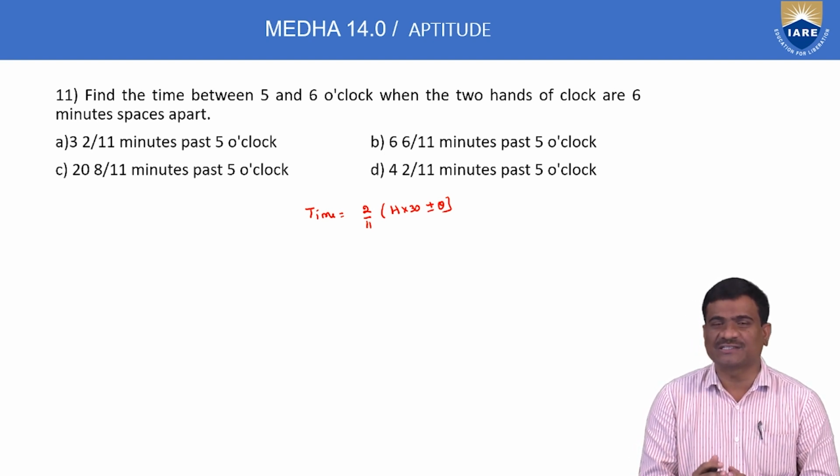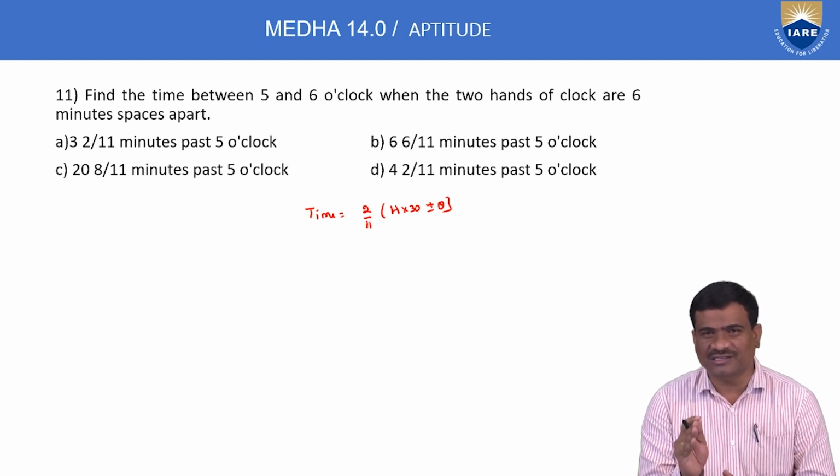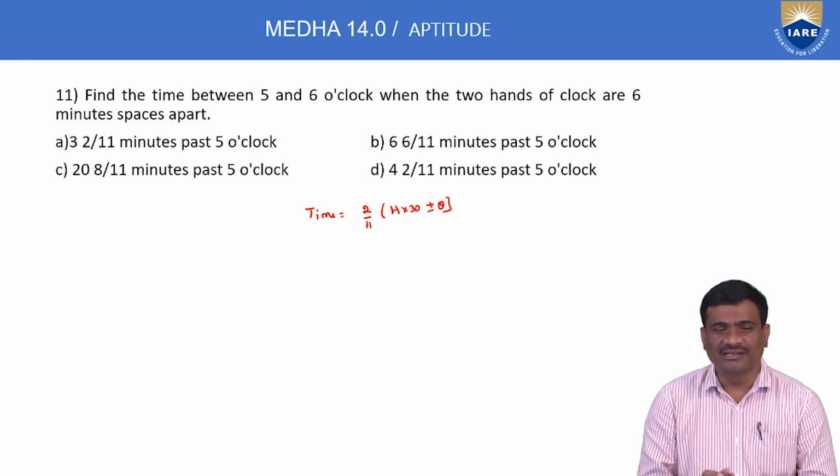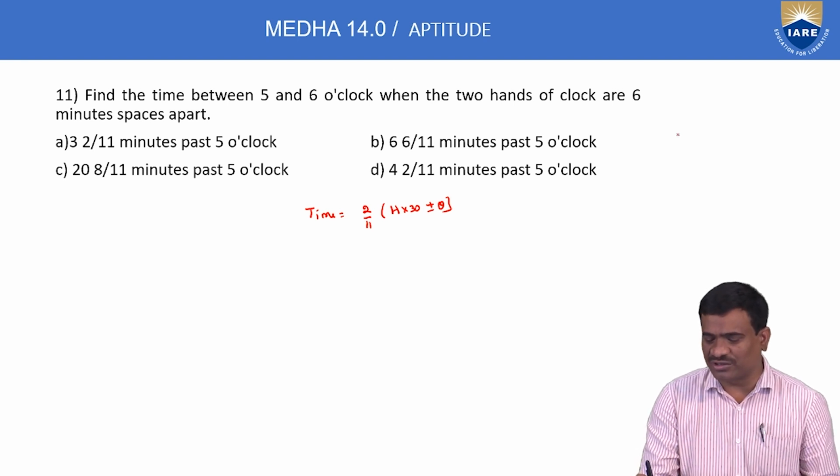Between 5 and 6 o'clock, first hour is equal to 5. Theta is equal to angle. 6 minute spaces apart. In clock's topic, 60 minutes is equal to 360.